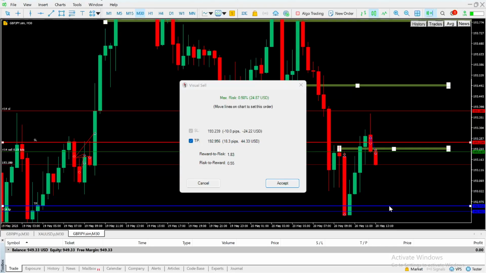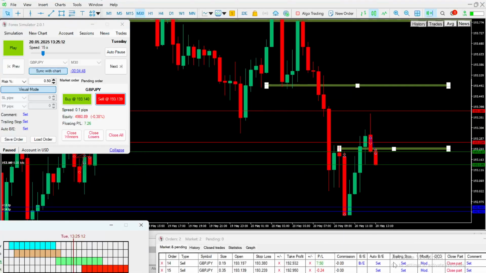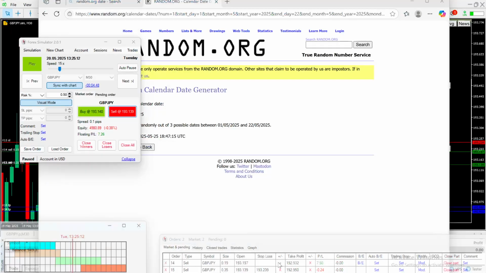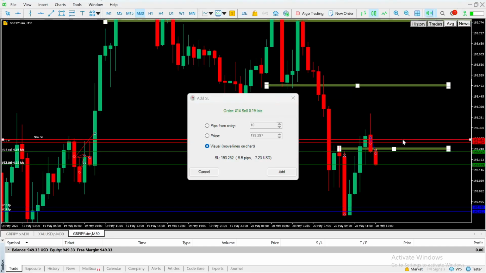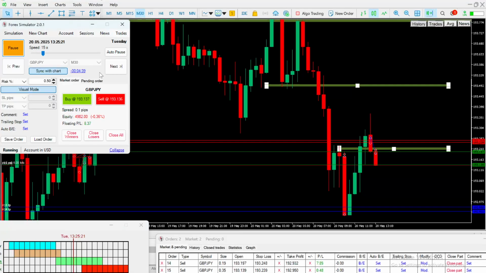Leave this there. Accept, and I will change the stop loss of the first one and move it right there. Now I'm not really risking anything here. And play. You can go if you want to go.